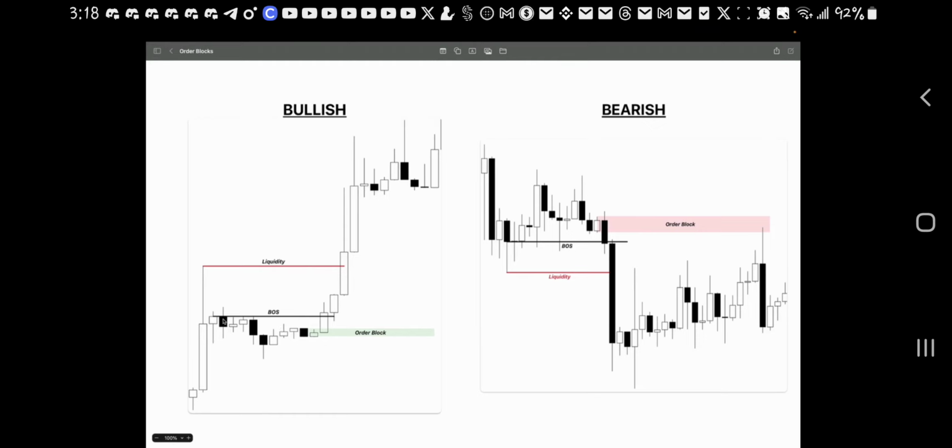Now, a break of structure, as you know from the market structure lessons, is the highest close, so it's the swing high before the next leg of the trend. So we had a swing high, price went down a little bit, it then found its feet, it found some support, then it broke higher. In this candle, a break of structure was confirmed, and that made this the order block.